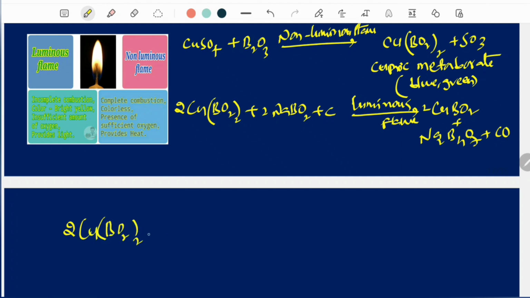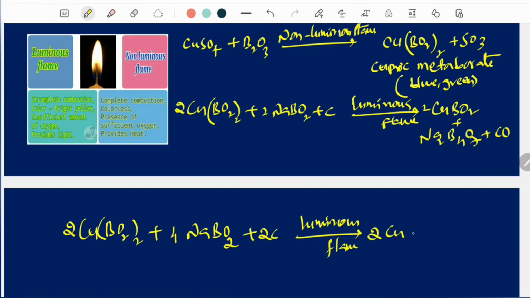Cu(BO2)2 in presence of NaBO2 plus carbon in a luminous flame gives 2Cu plus Na2B4O7 plus 2CO.